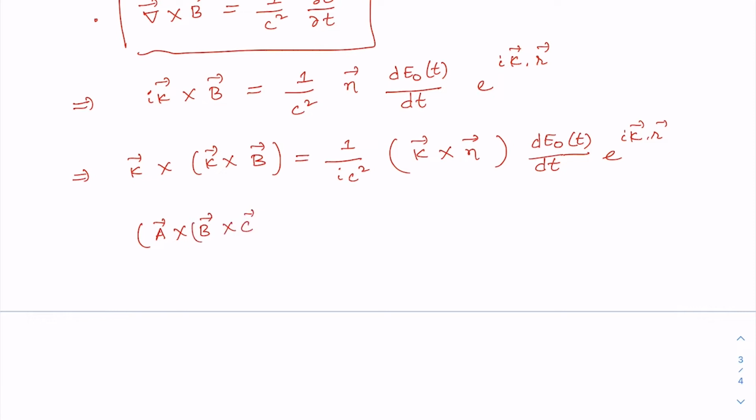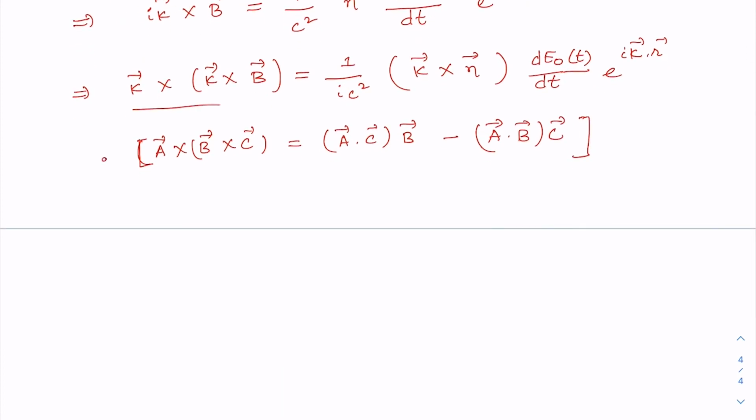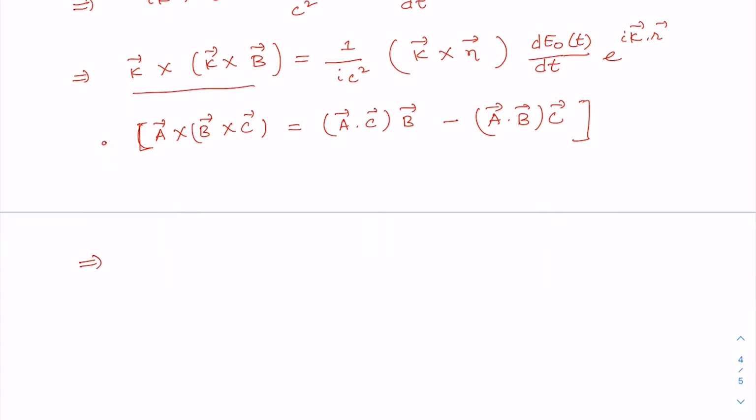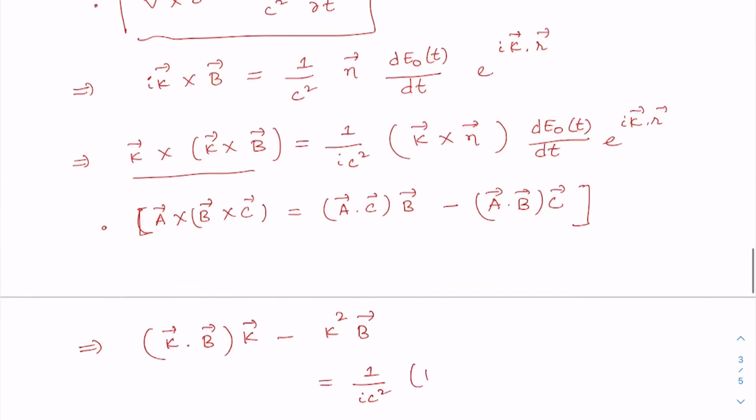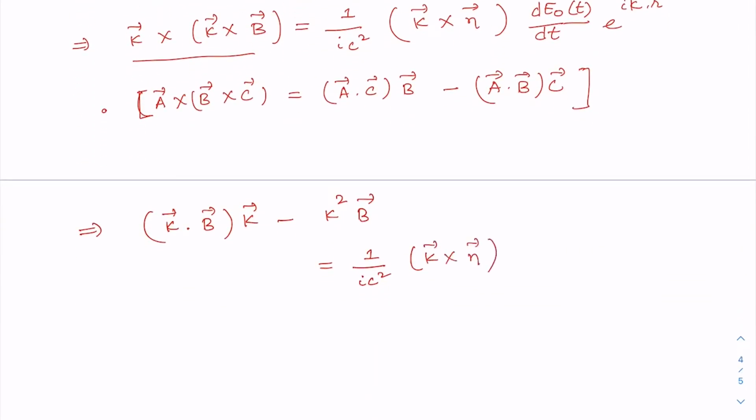I hope all of you know A cross B cross C is equal to A dot C B minus A dot B C. So let us use this rule here, and then we will get k dot B k minus A dot B, that is your k square, and this is B. On the other side I have 1 by i c square, k cross eta dE0 dt e to the power i k dot r.